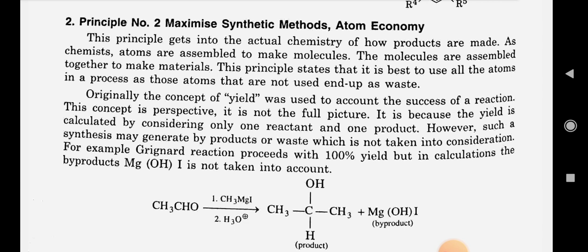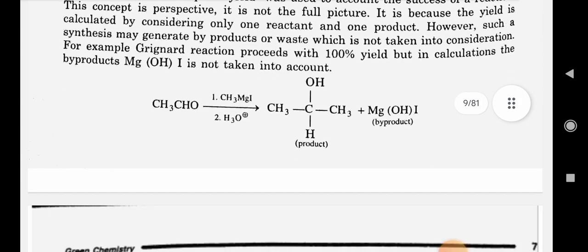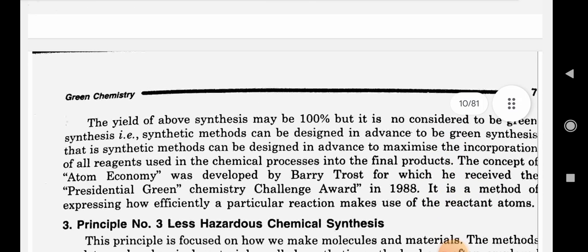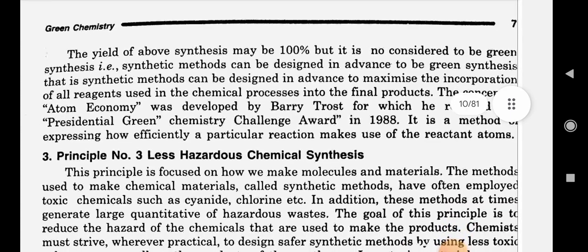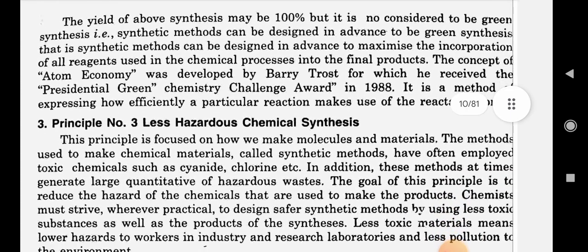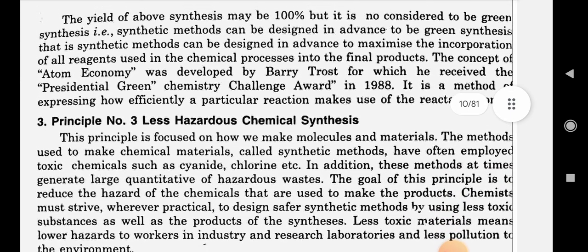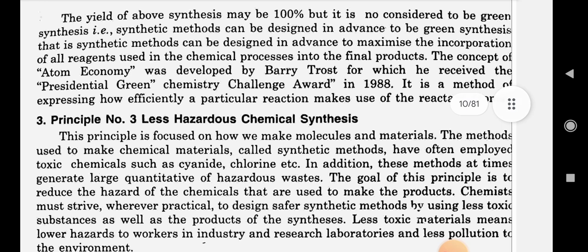For example, a ground reaction proceeds with 100% yield, but in the calculations the byproduct MgOHI is not taken into account. The yield of the above synthesis may be 100%, but it is not considered to be green synthesis.